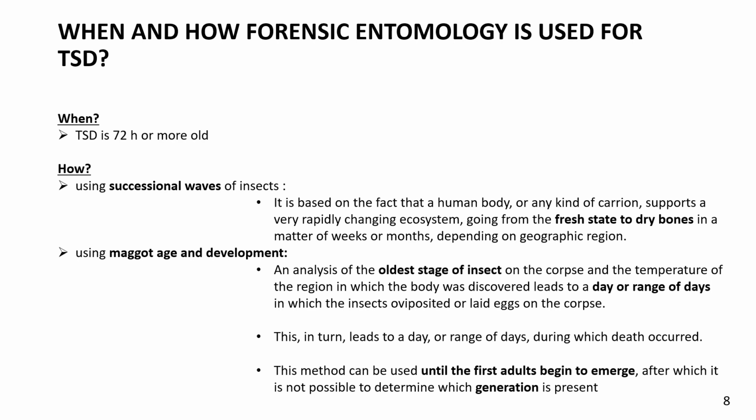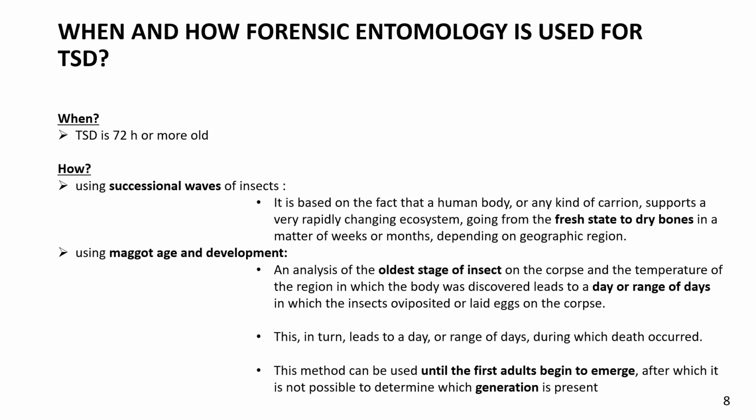The indicator of this estimate is based on the knowledge that the beginning of the post-mortem interval is considered to coincide with the time when a fly lays eggs on the body, and its end to be the discovery of the body, based on the recognition of the life stage of the oldest colonizing species infesting the cadaver. So we'll be seeing about this in the slides.